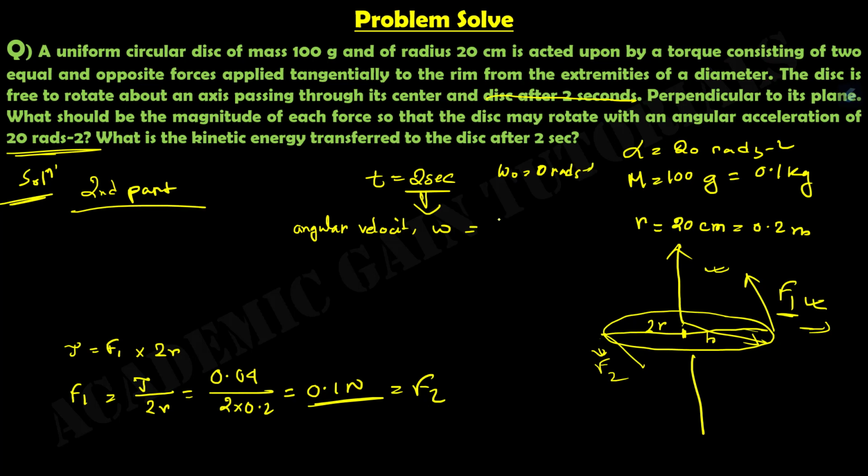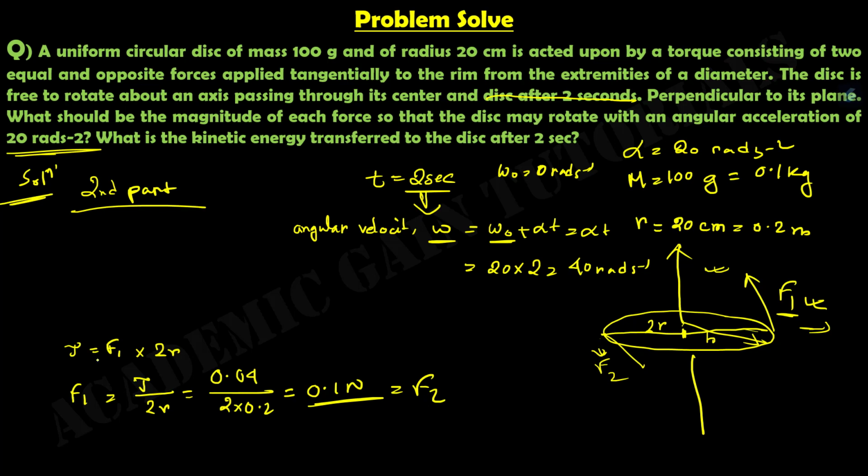So we write omega equals omega naught plus alpha t. As omega naught is 0, omega equals alpha t, which is 20 radian per second square times t equals 2. So it is equal to 40 radian per second. We found our angular velocity omega after 2 seconds.